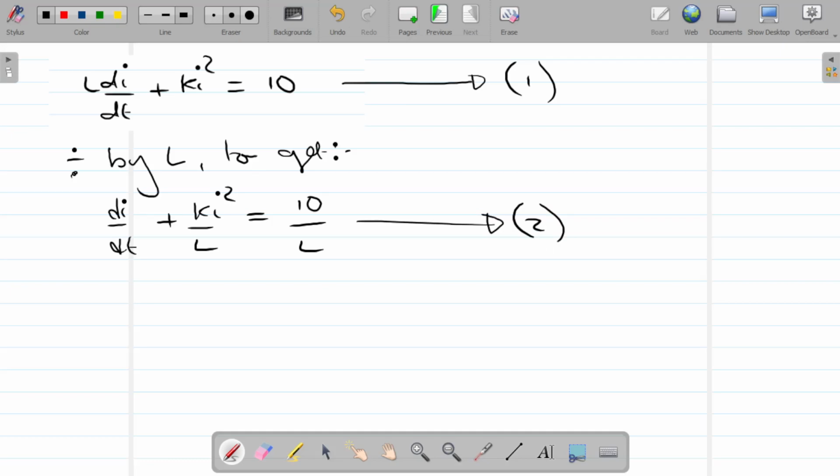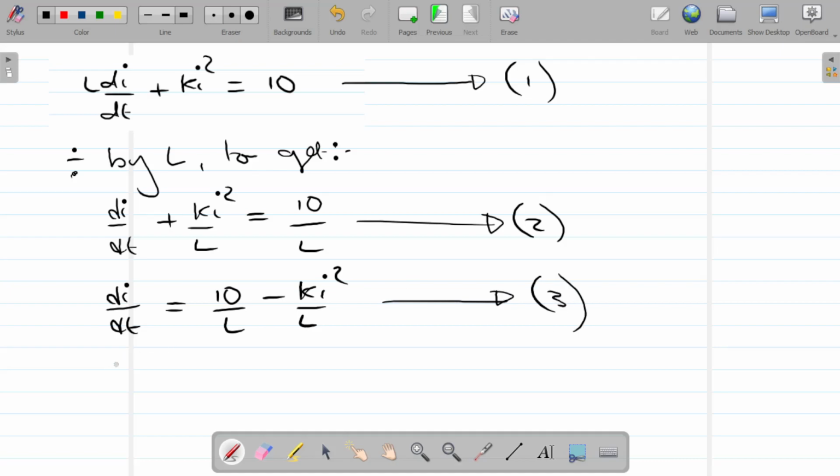Now what we want to do is move this to the other side of equation 2 so that we get di by dt on the left, and that's equal to 10 over L minus Ki squared over L. We'll call that equation 3.